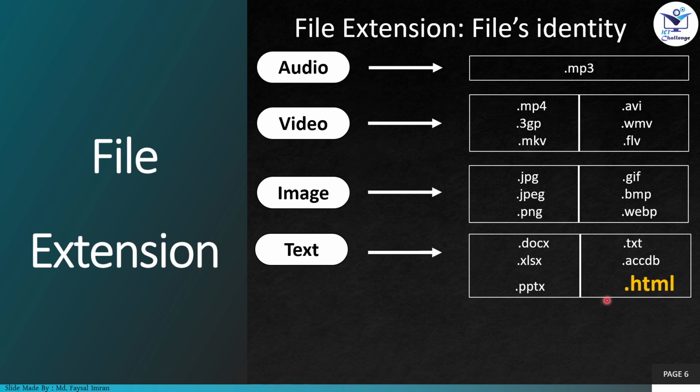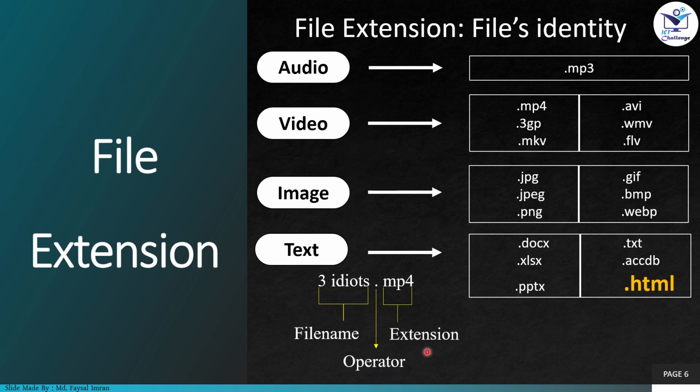Now let's talk about the full format of a file. If you have a file like 3idiots.mp4, this is a video file. We know that because we have the mp4 file extension. Here we have two parts in this file. The first part is known as the file name, the dot is known as an operator, and the final part is mp4, our extension.